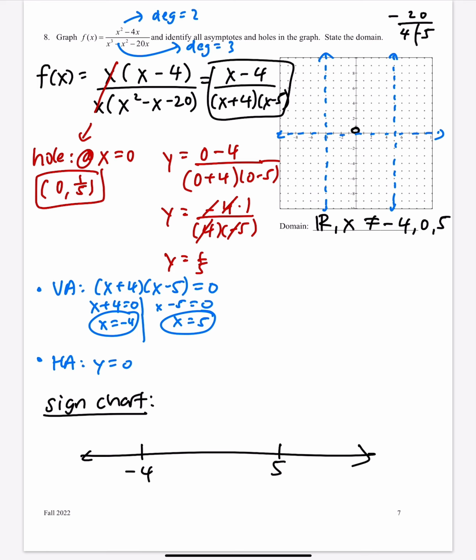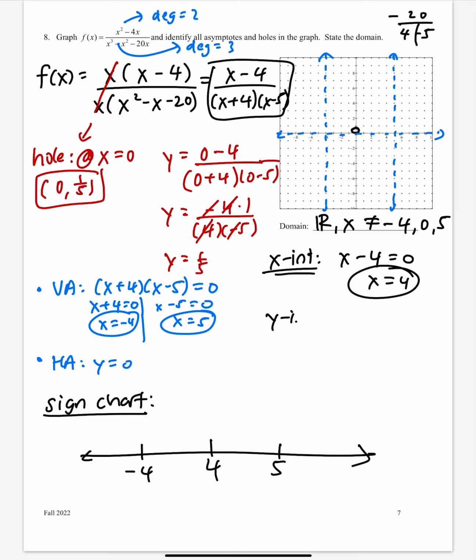And you should also figure out what your x-intercept is, which we haven't done yet. Okay, so let's find the x-intercept. The x-intercept is when you take your numerator, which is x minus 4, set it equal to 0, and then solve. So our x-intercept is 4, right? So 4 goes here.